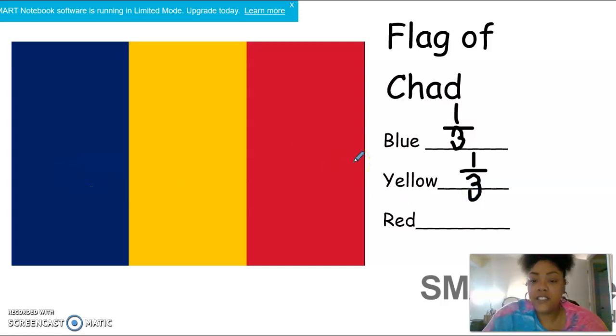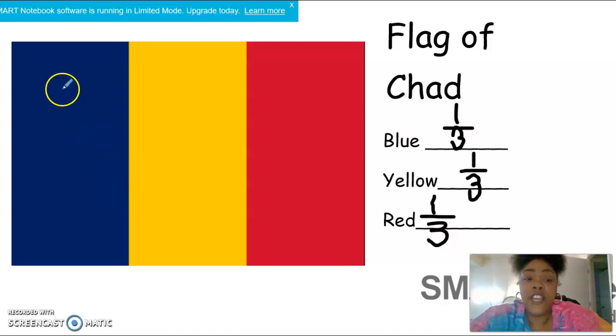Then finally, I need to write the fraction for the red part. So you go ahead and think for a second, what do you think the fraction would be for the red part of this flag? I hope you said 1/3 because we have one red part out of 3 total parts.